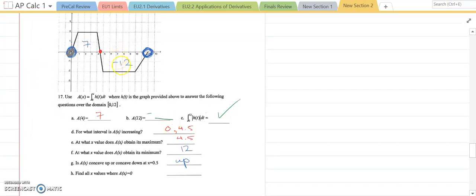Once you get to about right here, you have just reached that point in which the top area and the bottom area are completely canceling each other out. That happens exactly at 0 and 8.5. At 8.5, these two areas canceled each other out, which means that you're back at 0 again. That's a good place to be.